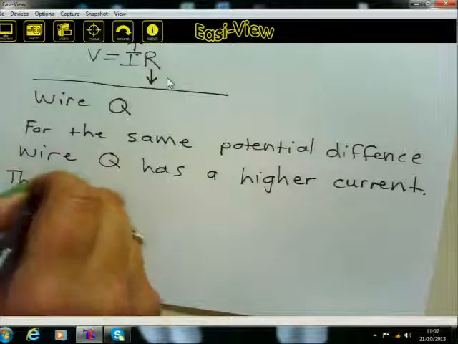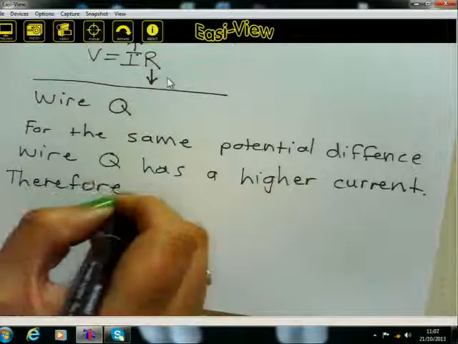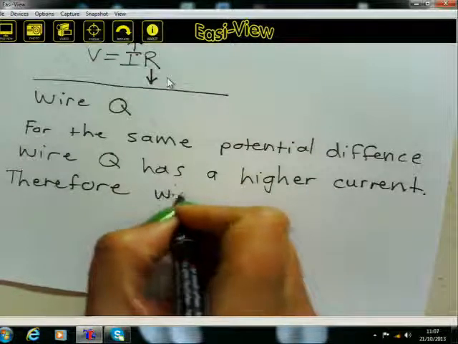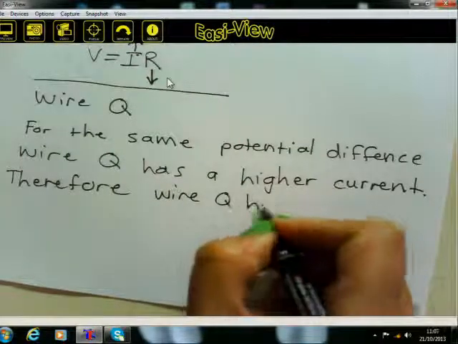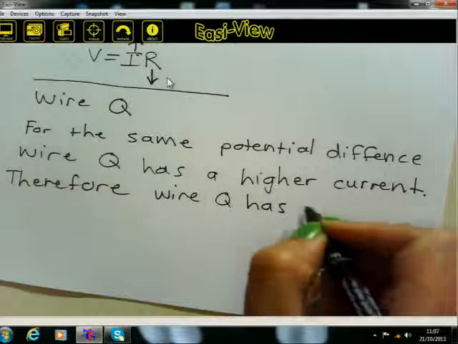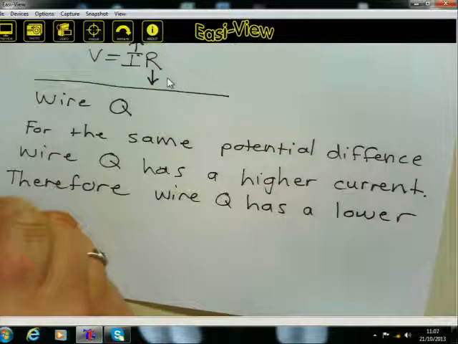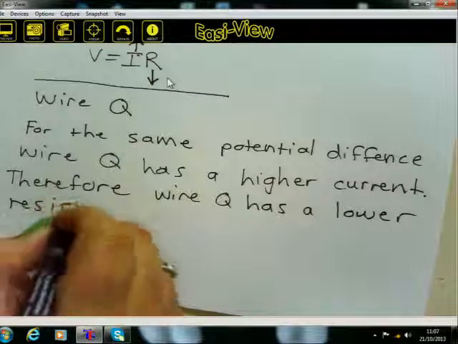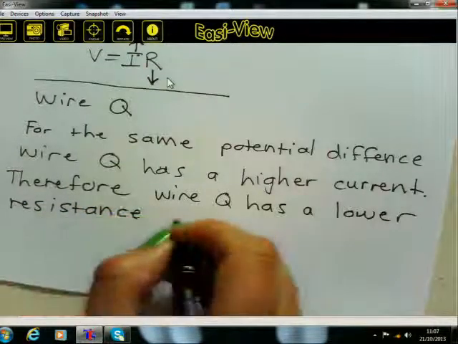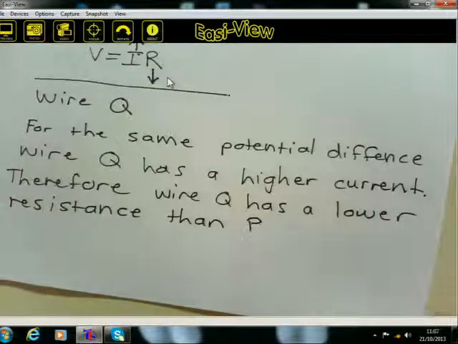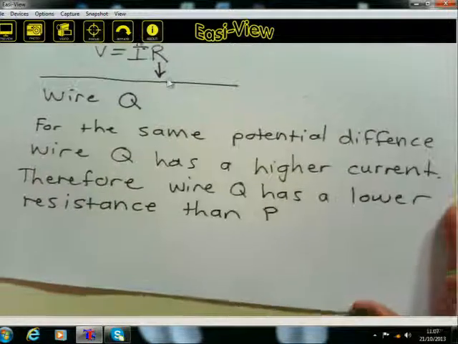Therefore, wire Q has a lower resistance than P.